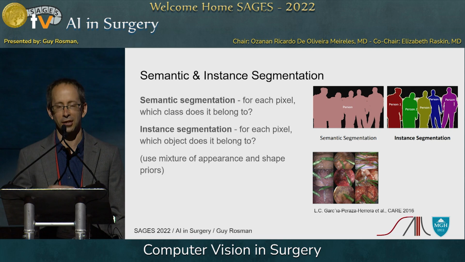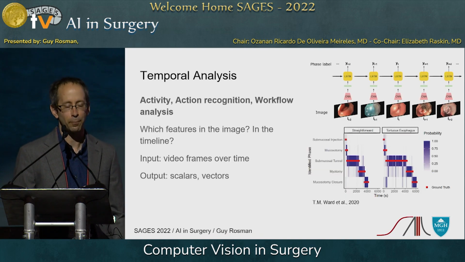So not just this is a tool, but specifically this is one tool and the other region is another tool, or similarly lesions in an image and so forth. These use a mixture of appearance and shape cues to understand what things are in the image. This is important to note because when you're looking at an image, you want to ask yourself, how can I do this task, and does the computer have enough information to do that?